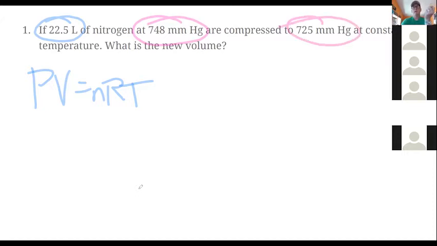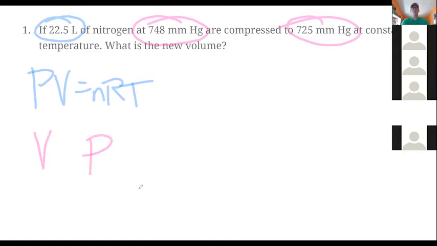So you could try and remember which particular law relates volume and pressure and fit it in that way. Or you could just go to good old PivNert and see that what we have to do is relate volume and pressure.